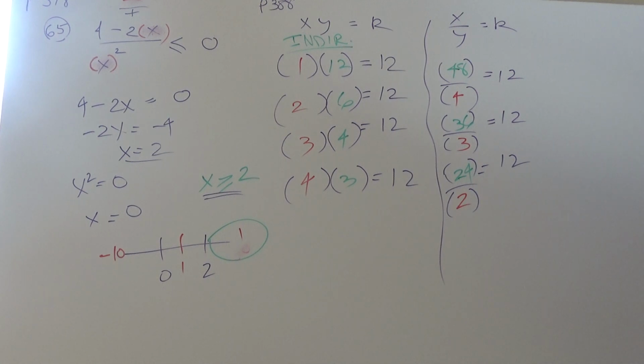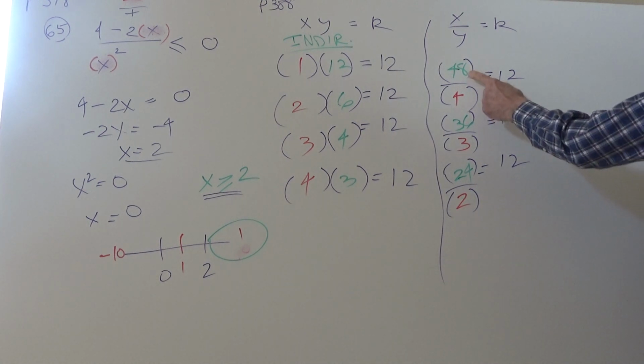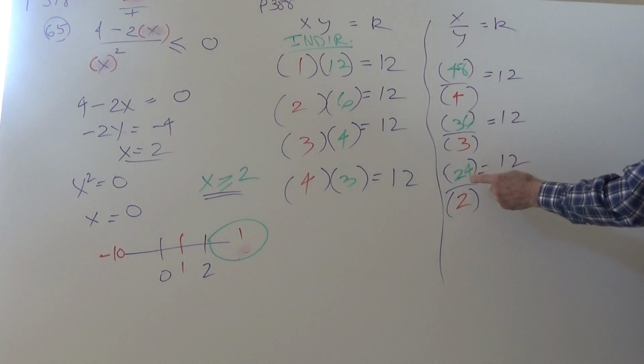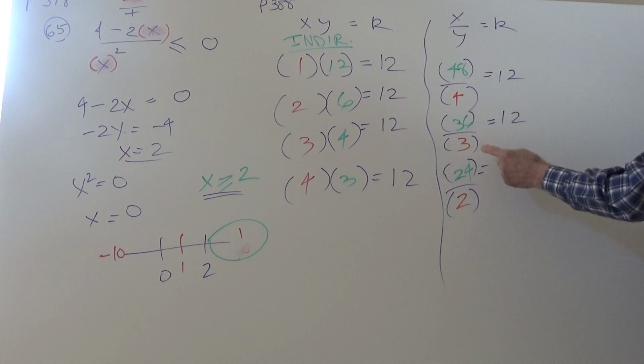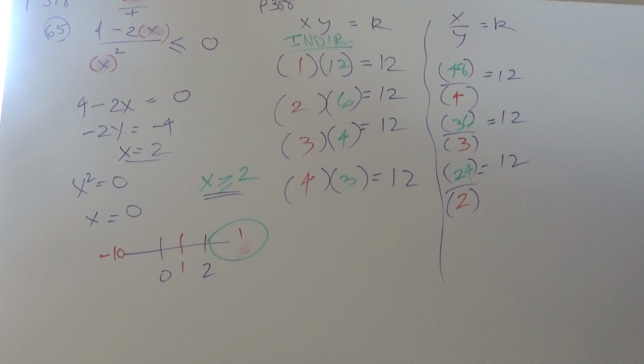Let's see what's happening with the x and the y's. The x, 48, 36, 24, looks as if we're going down, getting smaller. As we start at the top here, 4, 3, and 2, also getting smaller, aren't we? So as the x's get smaller, the y's also get smaller. This is called direct variation.